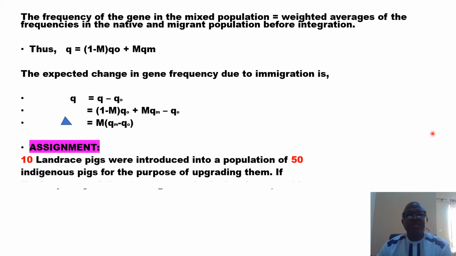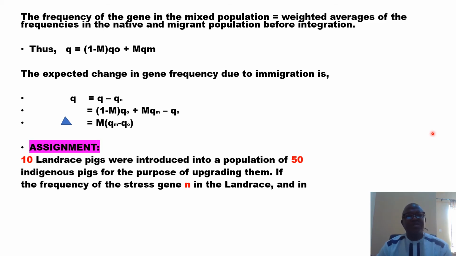The assignment says that 10 landrace pigs were introduced into a population of 50 indigenous pigs for the purpose of upgrading them. So the initial population is the 50, and these 10 are the migrants.